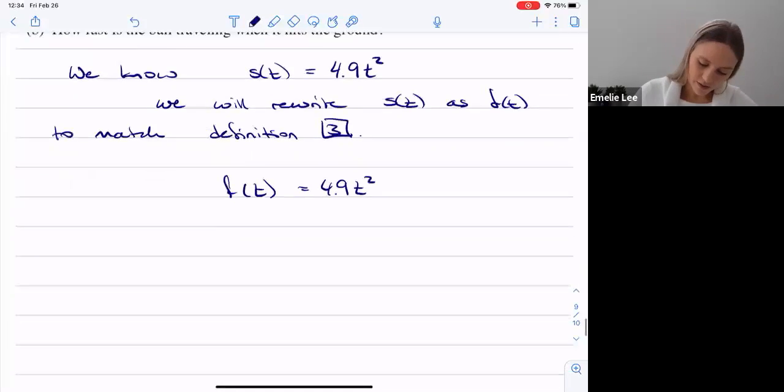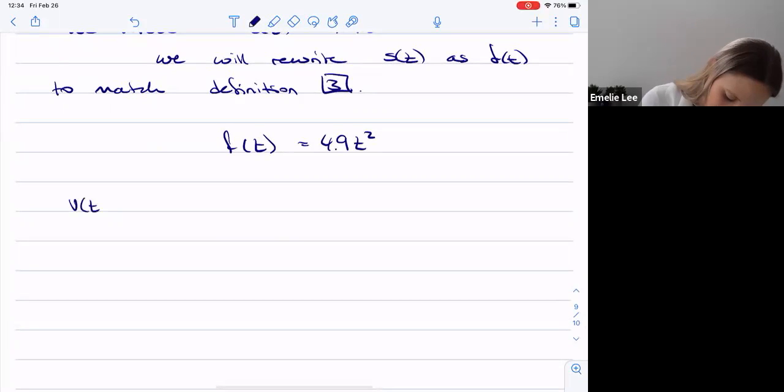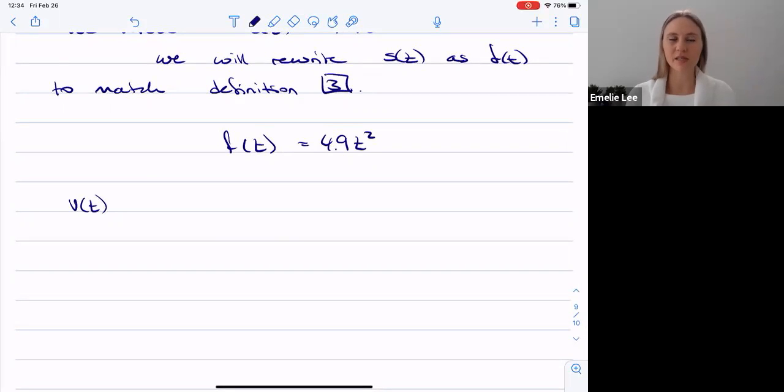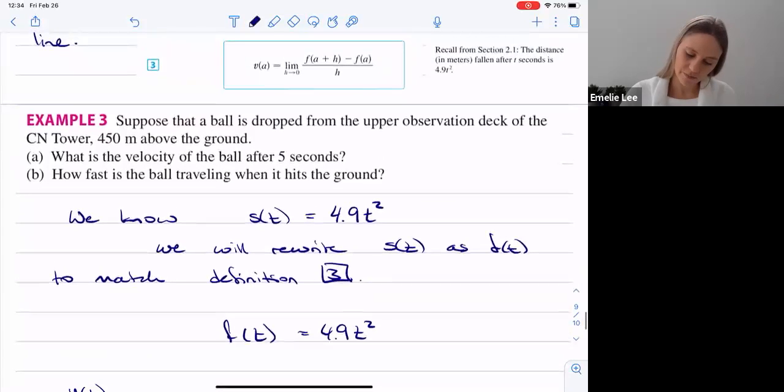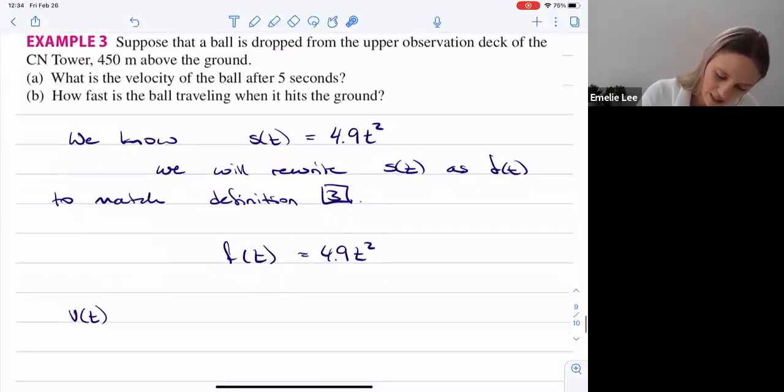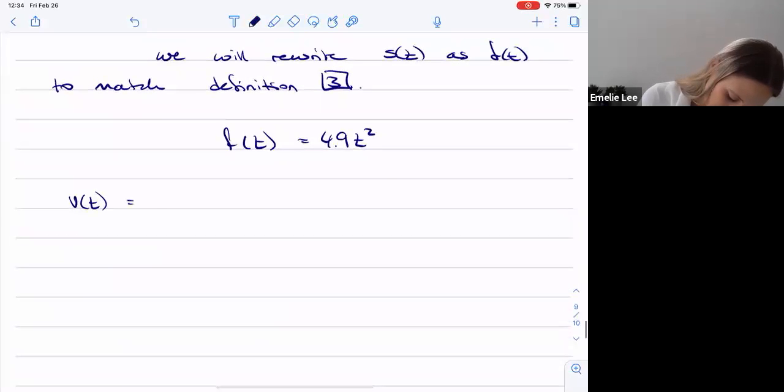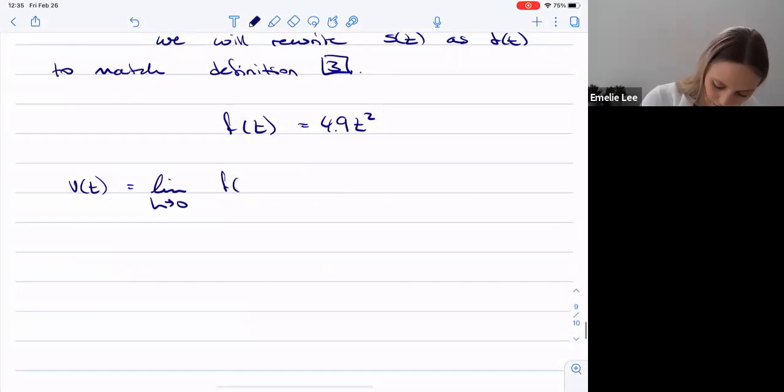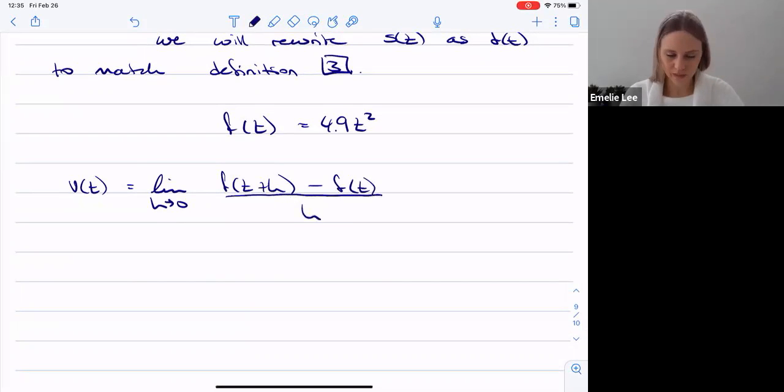So now we know that v of t, the velocity at time t, so any time point t, is going to be the limit as h goes to 0 of f of t plus h minus f of t over h.